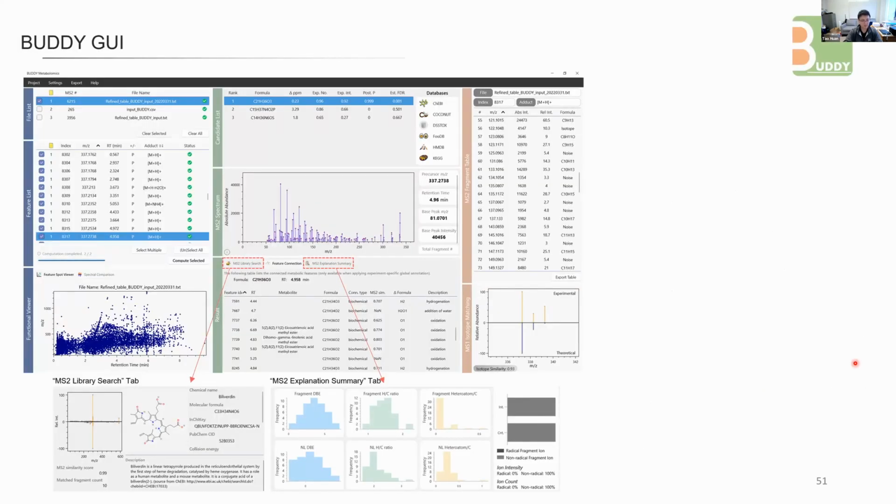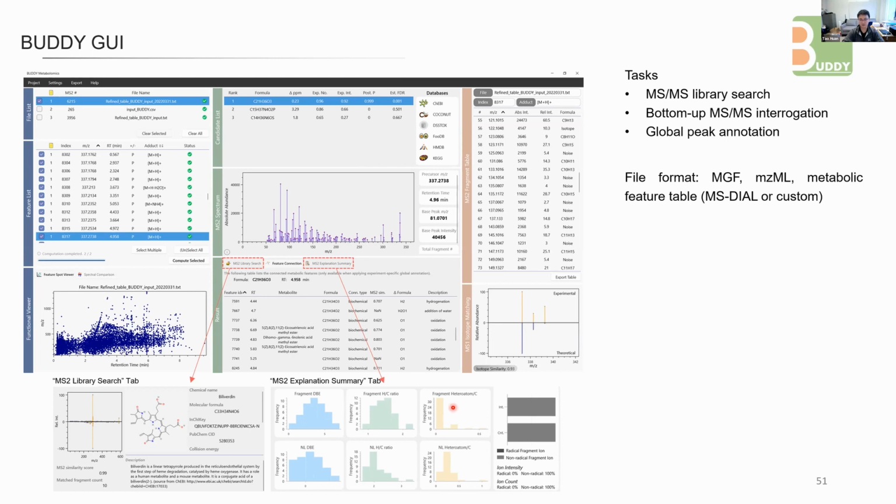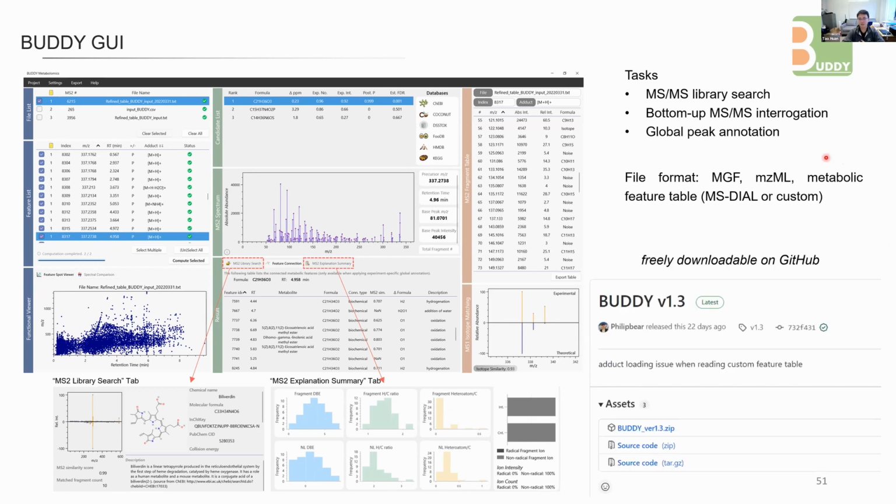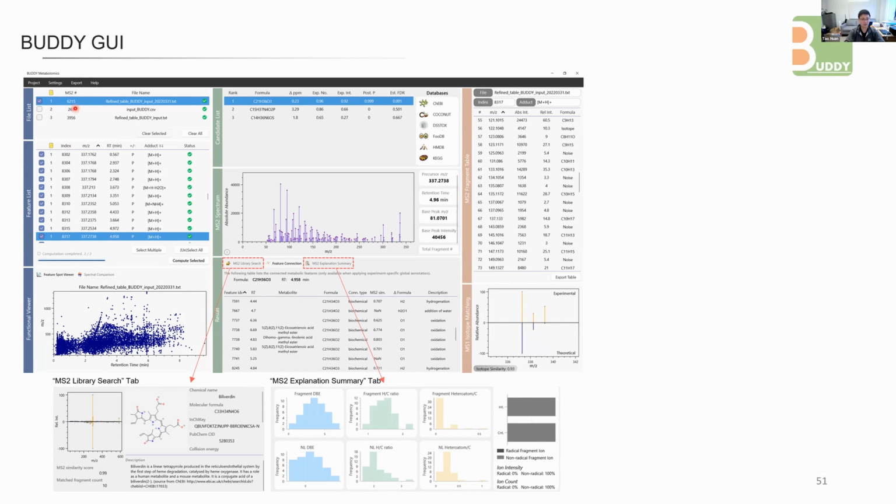Due to the time limit, I'm not going to go through them, but there are a lot more examples in the paper that people can refer to. One thing I really want to point out is that we have a very good graphic user interface, and everything is freely available. All the datasets, all the testing datasets, all the libraries, and everything are freely available on GitHub. You can input either a single MS spectrum or an entire metabolomic study.